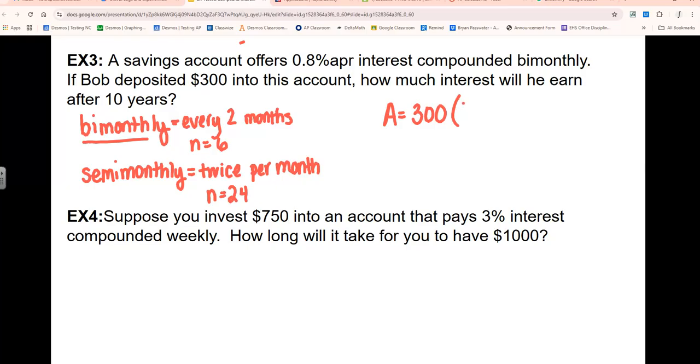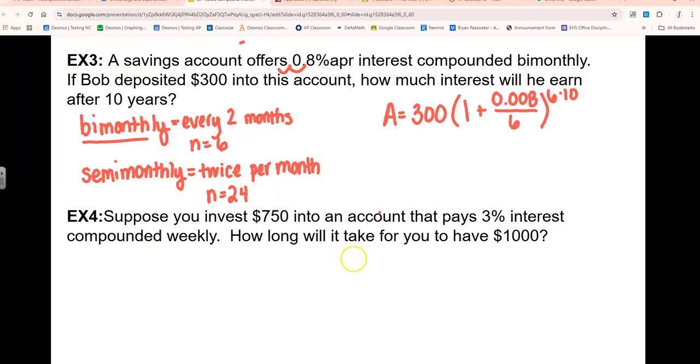All right, so we're going to do 1 plus rate as a decimal. What's that rate as a decimal? 0.008. You still have to move the decimal even though it looks like it's already a decimal. All right, still got to move that decimal 2 places. 0.008, and we're going to be dividing it by 6, to the 6 times 10.